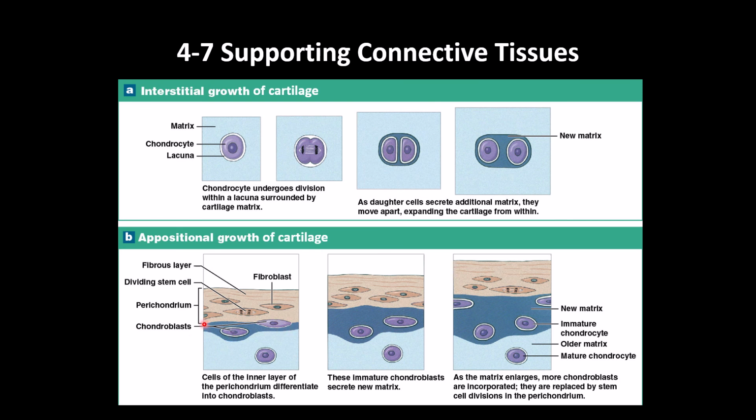The chondroblasts make new matrix surrounding themselves, and when they are surrounded totally by matrix, they become a little bit different, they become older, and when they become more mature, they become chondrocytes. So chondroblasts are younger, and chondrocytes are a little bit older. Chondrocytes maintain the matrix, and chondroblasts are usually making the new matrix. So that's a little bit different.